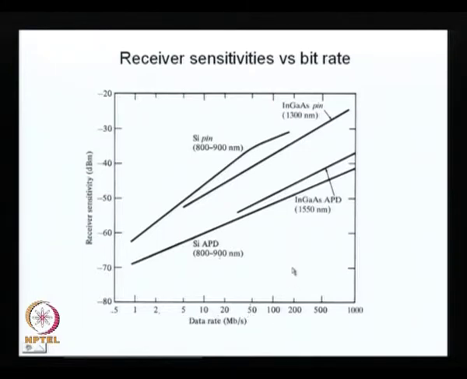So, now I can choose the appropriate photodetector depending upon the band of optical window. It could be either 1310 or 1550, and then from the data rate which the user has specified for that communication link, I can now find out what is the minimum power required on my detector.